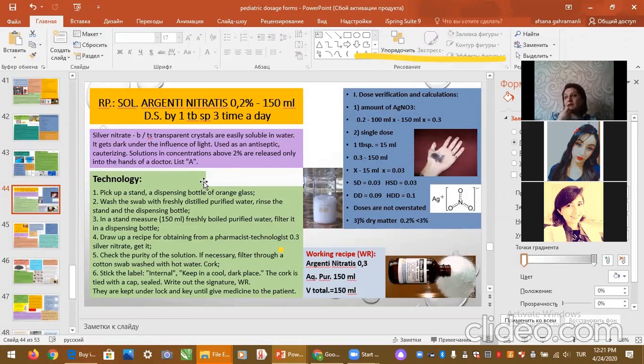Argentum nitrate is used externally for warts, also for douching, vaginal douching in gynecological practice, but in pediatric practice it is commonly used as an anti-inflammatory for some gastrointestinal tract diseases. Okay.